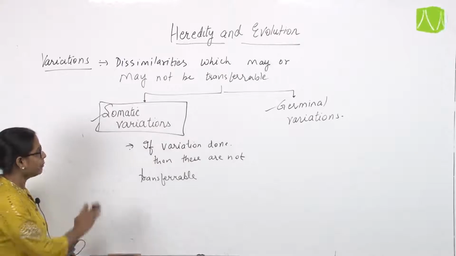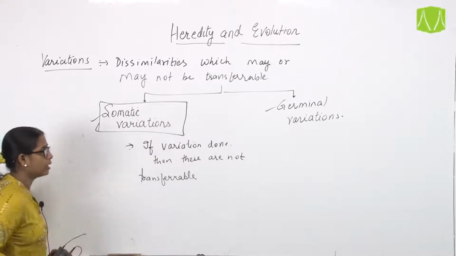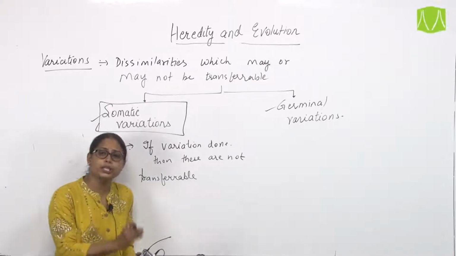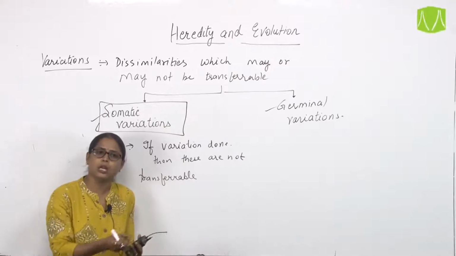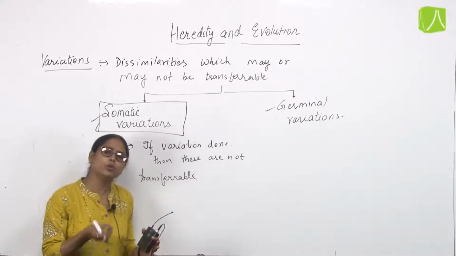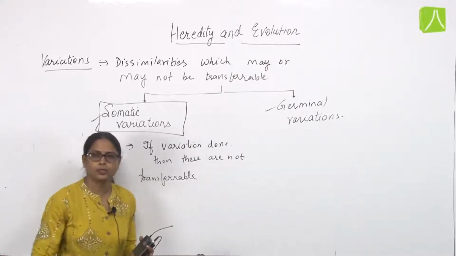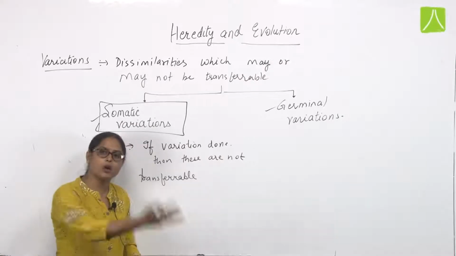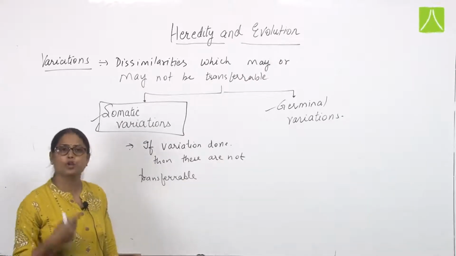Are you getting it? Basically what I am trying to say is that if any kind of change or variation happens in the genes of somatic cells, due to any factor or reason, then these changes cannot transfer from parents to their offspring.